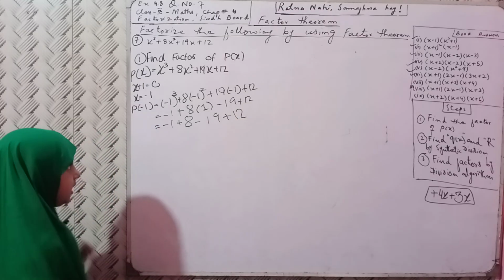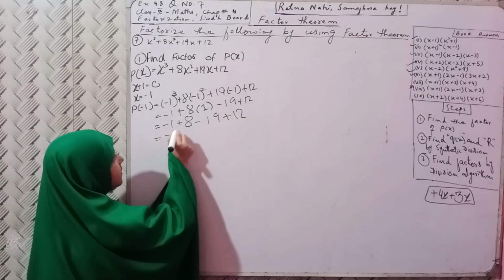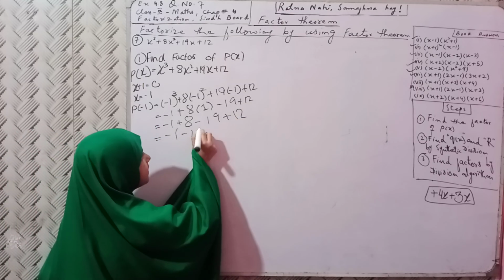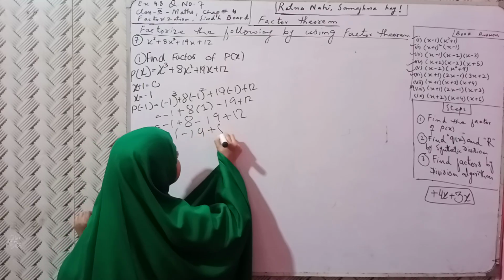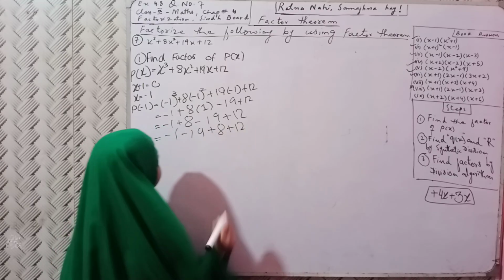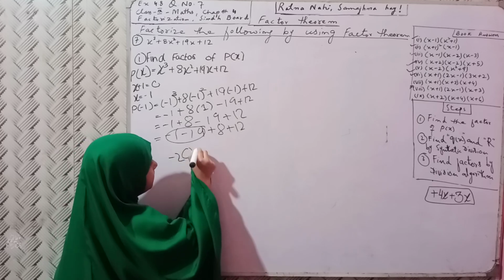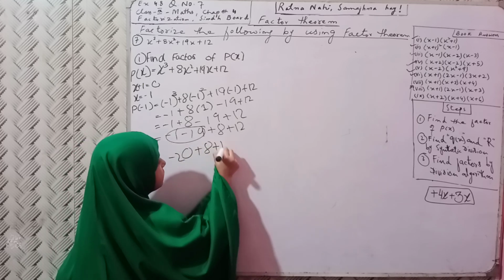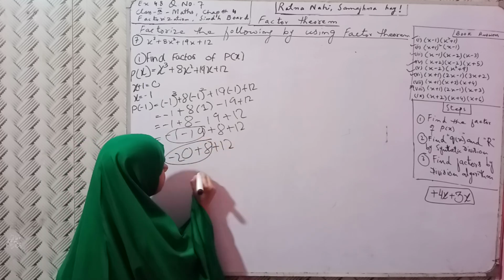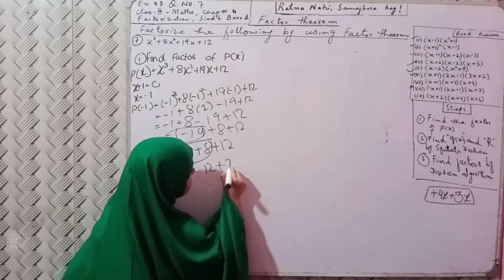Here we will rearrange: minus 1 minus 19 plus 8 plus 12. Now this will be paired, so it becomes minus 20 plus 8 plus 12, which is minus 12 plus 12.